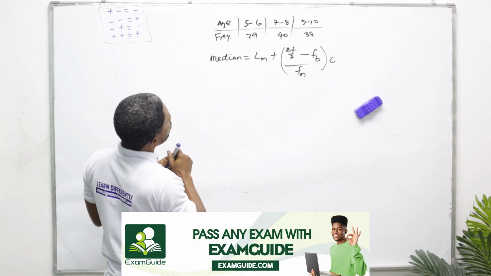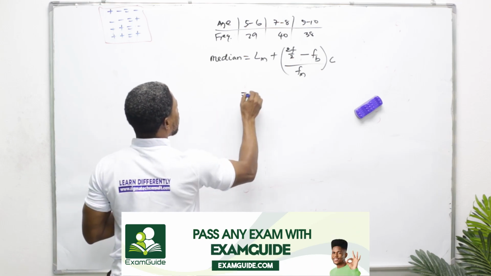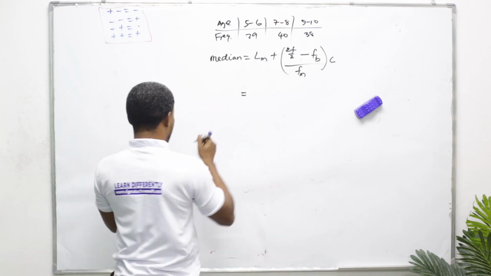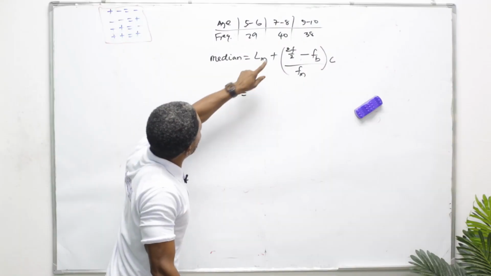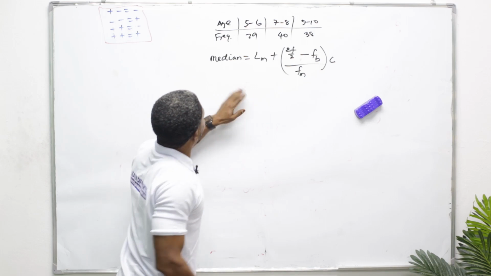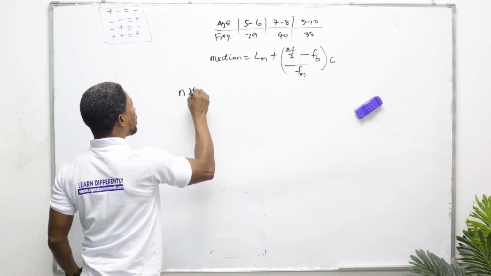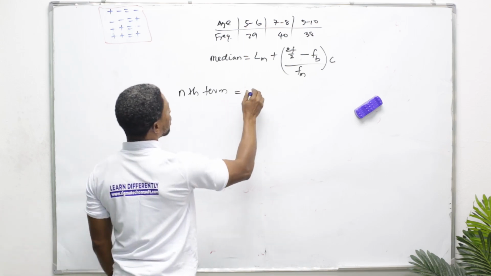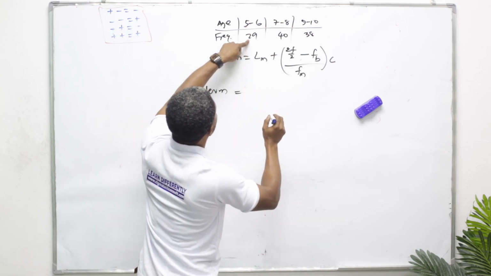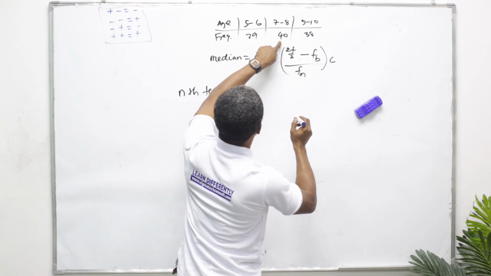But before we do that, what is the lower limit? That's the question. And then how do you get your lower limit? First of all, you must find the nth term. So the nth term here means sum this plus this plus this.